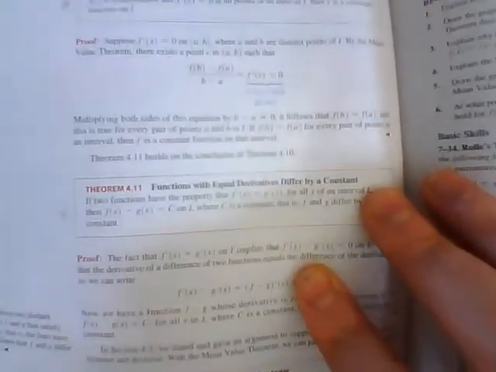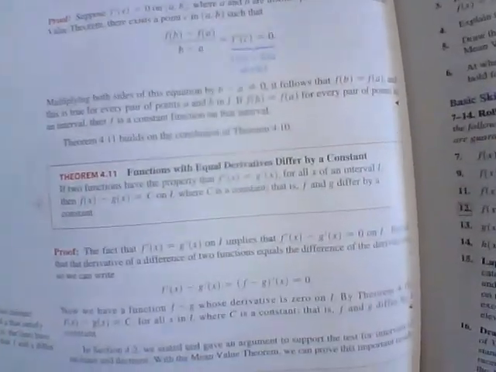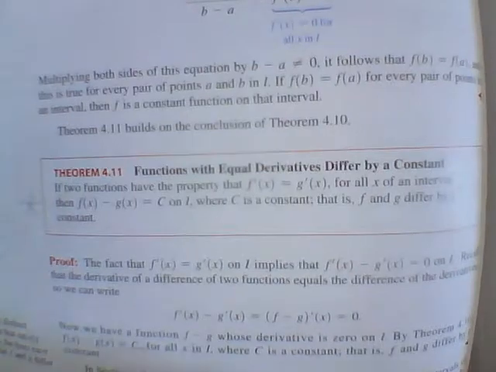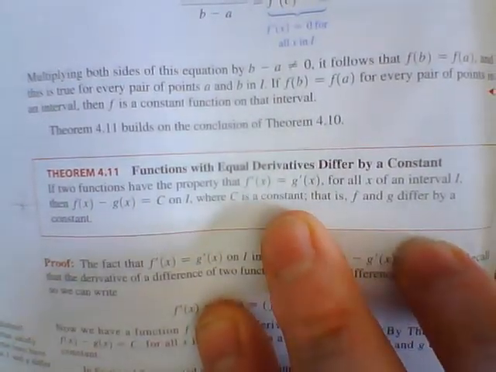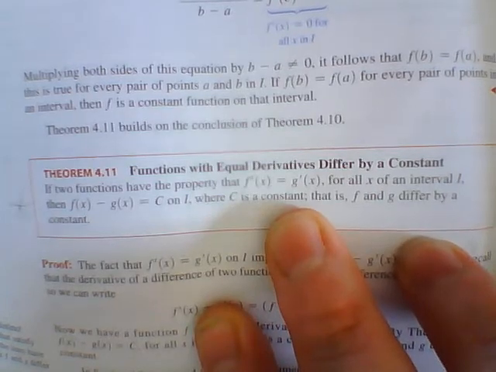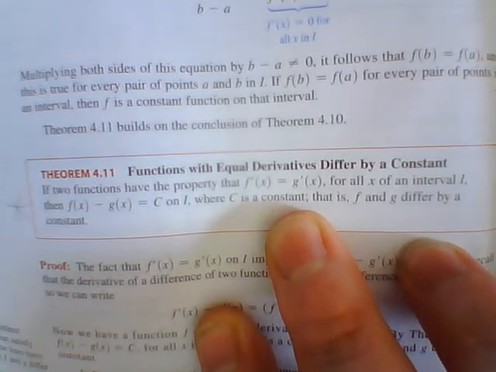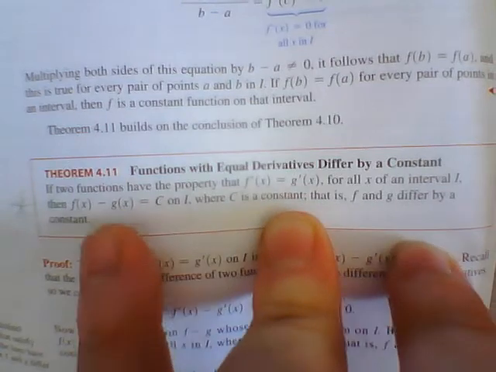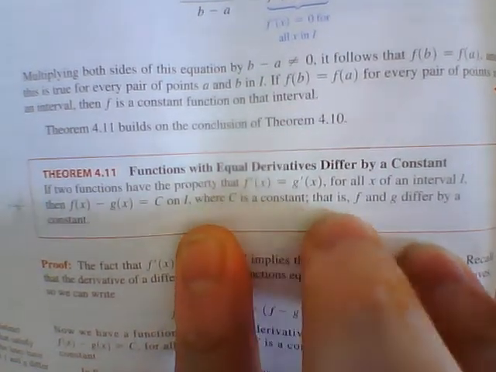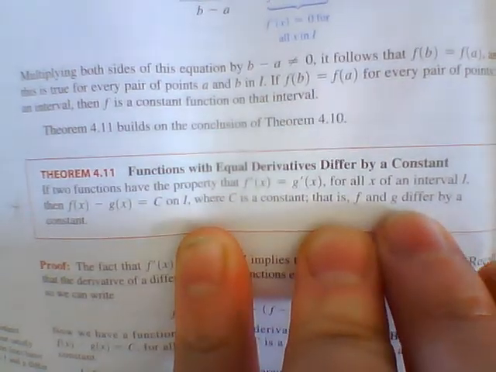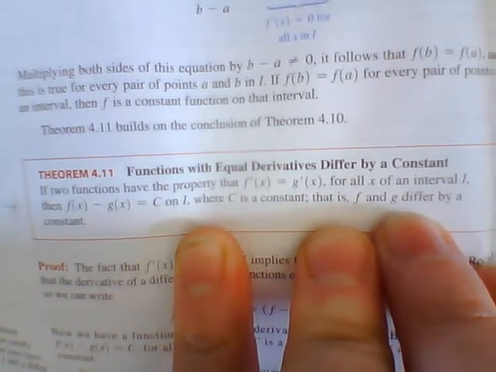We also talk about functions with equal derivatives differing by a constant. If two functions have the property that f prime of x equals g prime of x for all x on an interval I, then f of x minus g of x equals c on I, where c is a constant. That is, f and g differ by a constant.